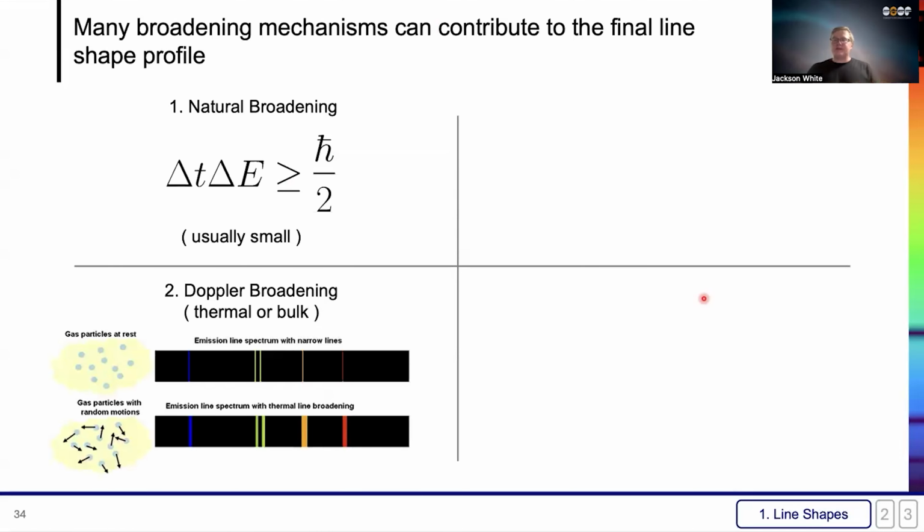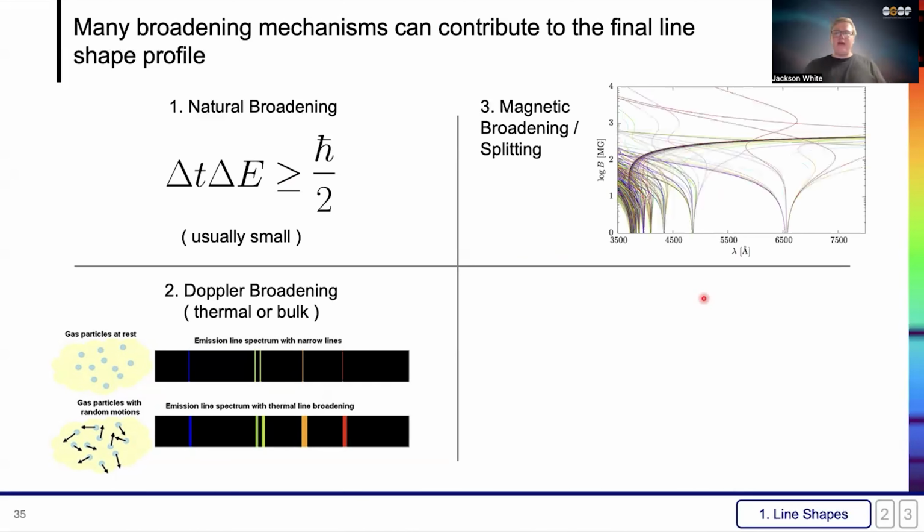Another common one is something called Doppler broadening. This is the classic Doppler effect, with atoms moving towards you or away from you, such that they absorb redshifted or blue shifted light. We also often care about magnetic splitting or Zeeman splitting, which can move these transition energies around in frequency space or wavelength space quite dramatically.